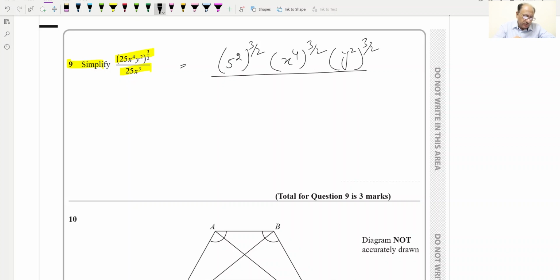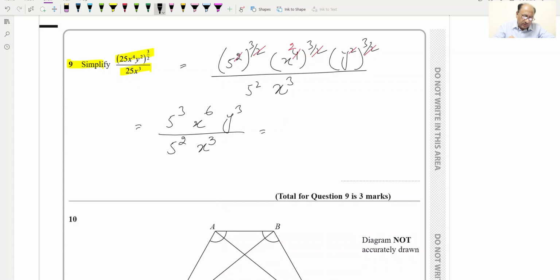Denominator also likewise, 25 we can write 5 squared, and there's no whole power, so x raised to the power 3. Now for cancellations, this 2 can be cancelled with this 2, so 2 2s are 4, and this 2 will be cancelled with this. Next step will be 5 cubed, and x raised to the power 2 into 3 will be 6, and y raised to the power 3 over 5 squared x raised to the power 3.